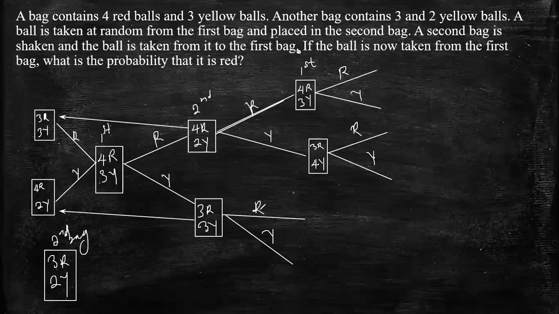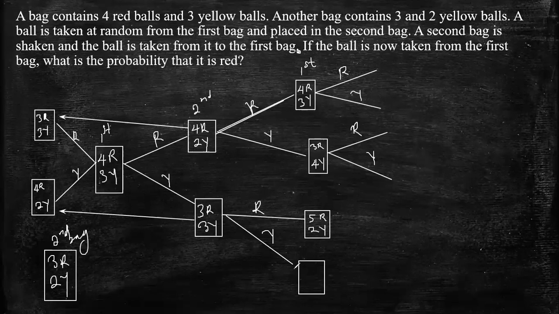If we pick a red from here and place it here, the number of red balls increases. We are picking from this second bag and placing it here. So remember here there are 4. When we add 1, they become 5. And then the yellow one does remain 2.